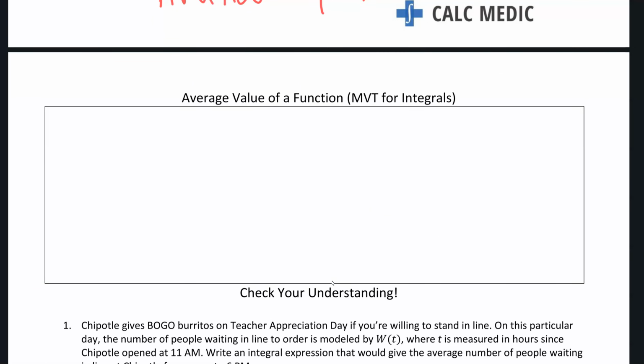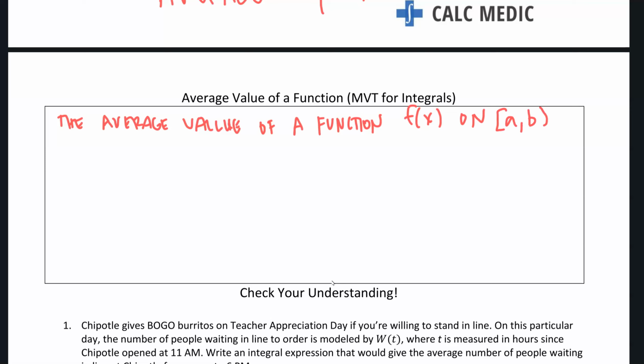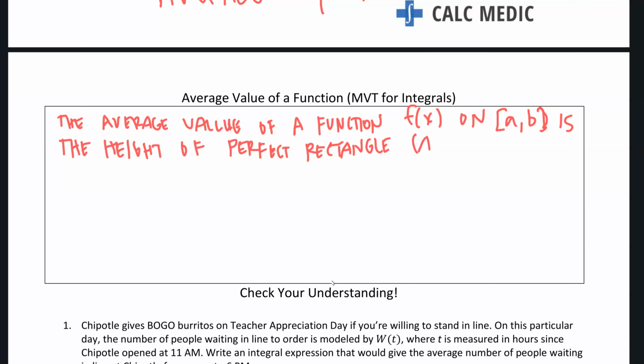Okay, so the average value of a function f of x on a closed interval from a to b is the height of the perfect rectangle. So the area matches the area under the curve.